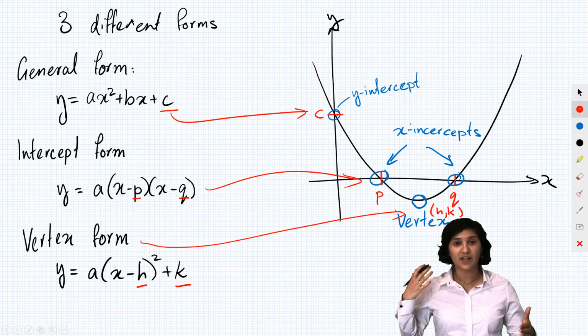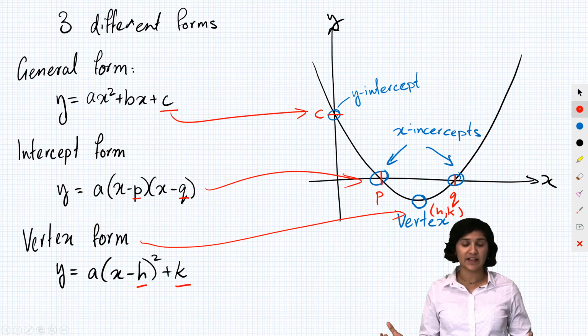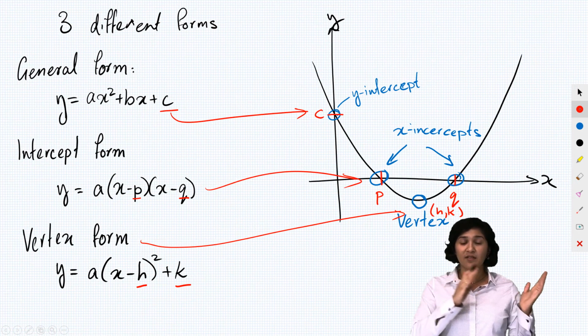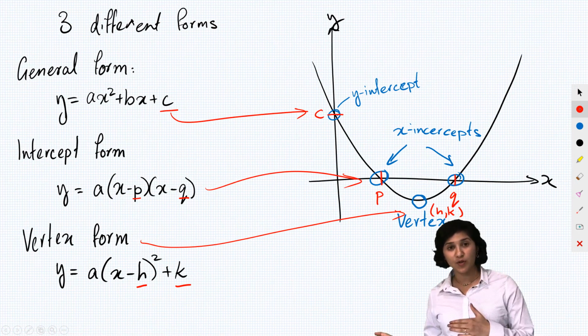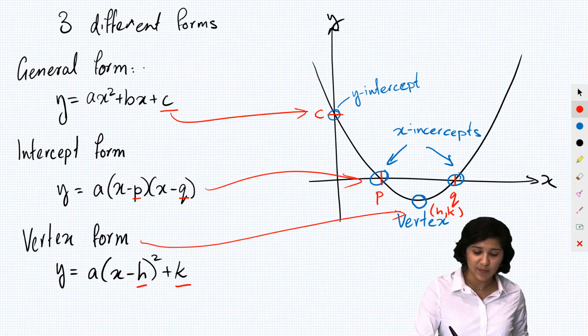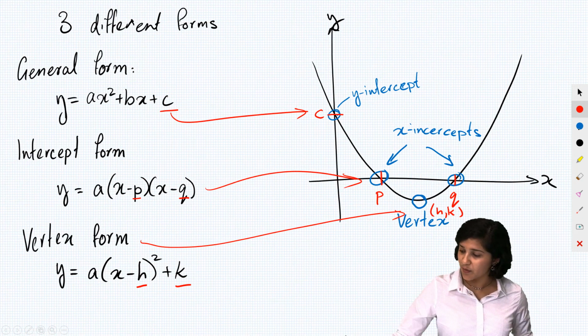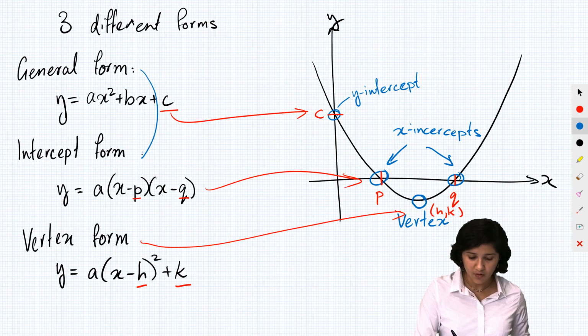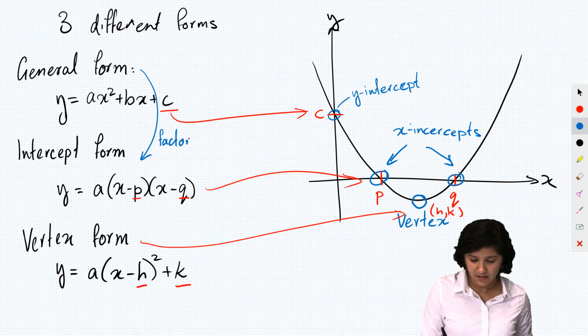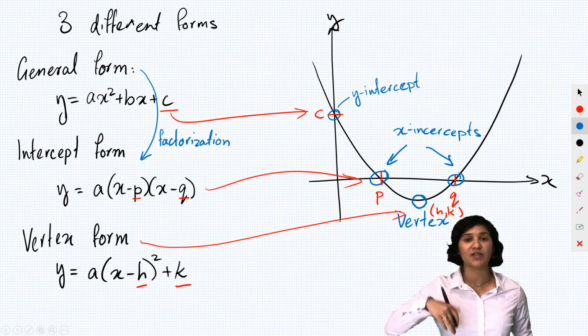So a lot of the algebra that we're going to be learning in the next few videos is just converting from the general form to these different forms. So to get from the general form to the intercept form, we use factorization. And if you ever need to get back, it's just called expansion.